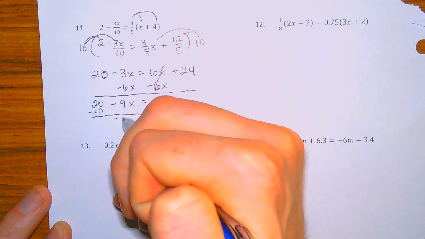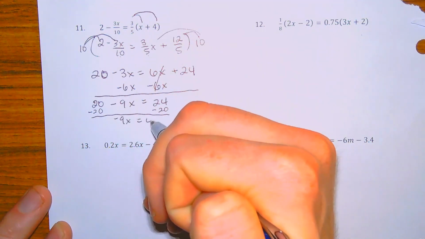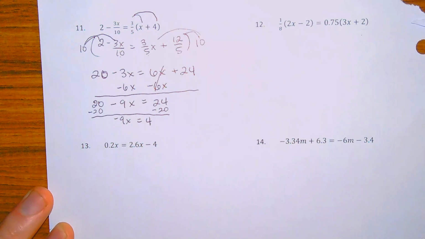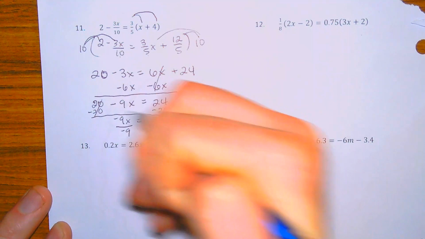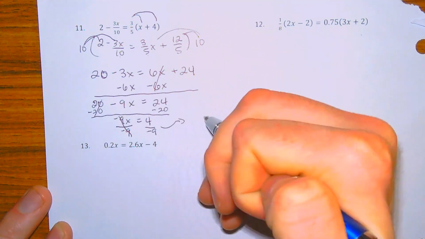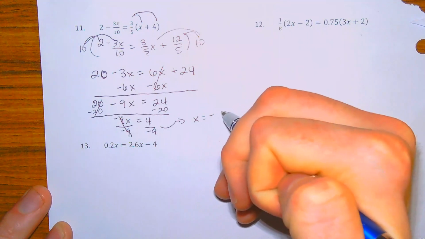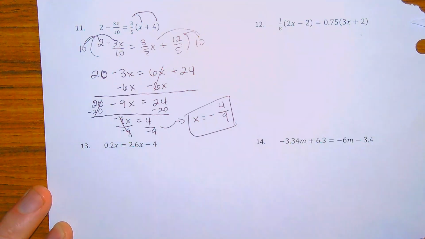Which should give us negative 9x equal to 4. Then you're going to want to divide off this negative 9. Our 9's cancel. That should leave us with x equals negative 4/9. Okay?